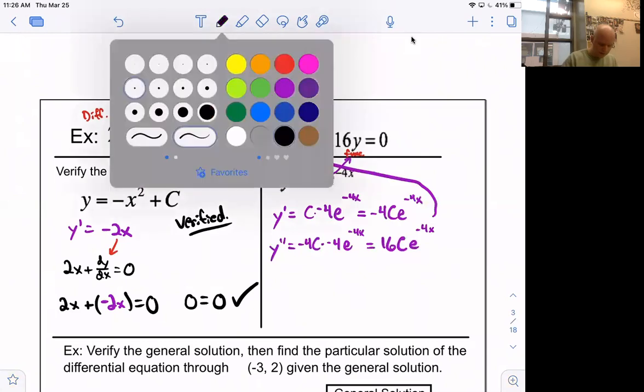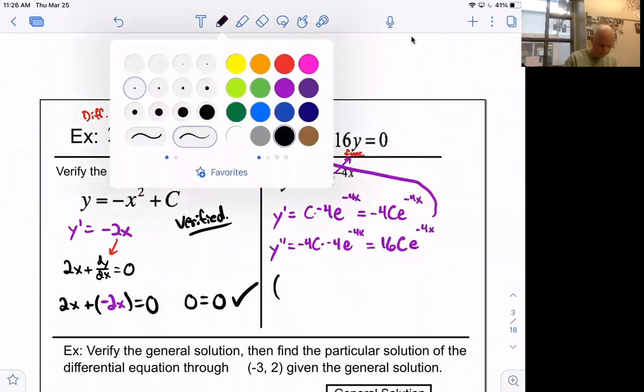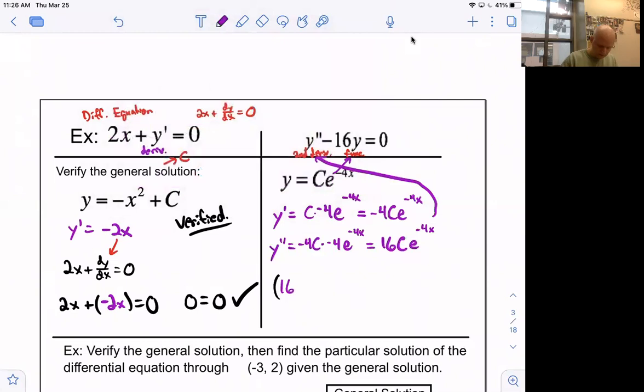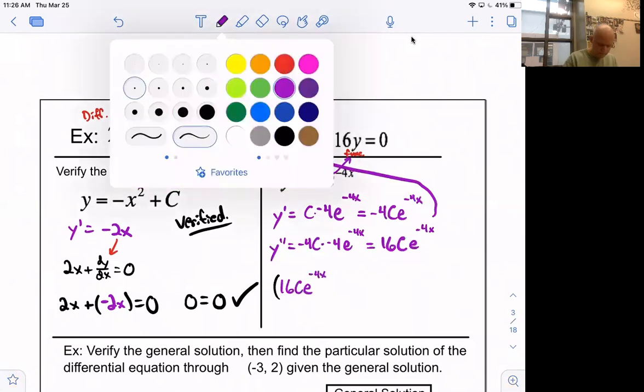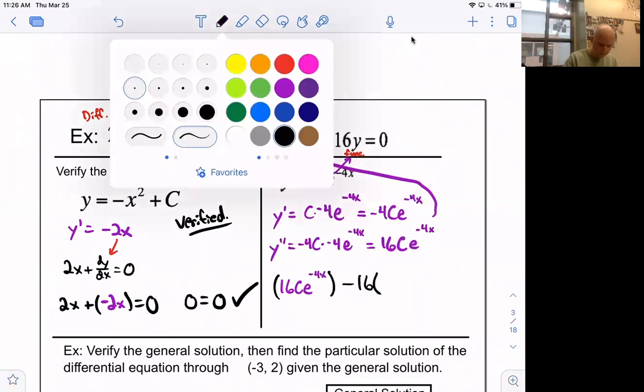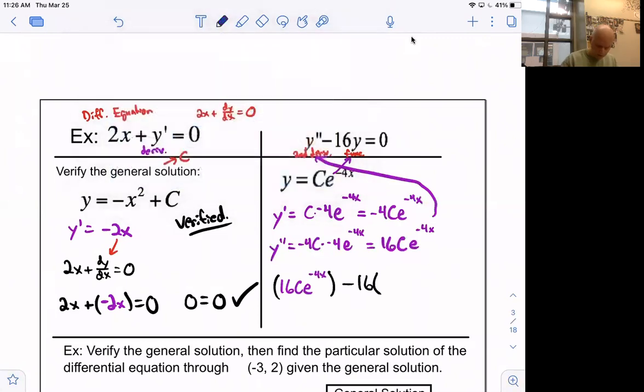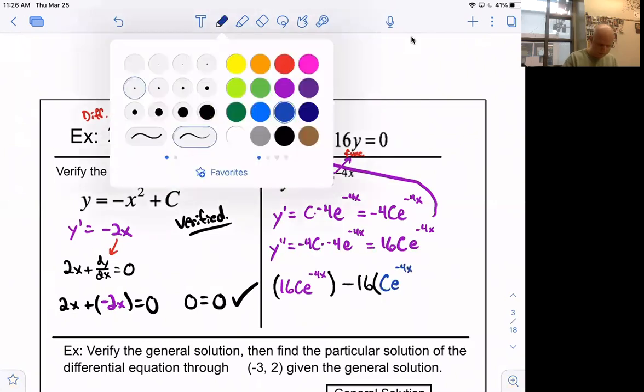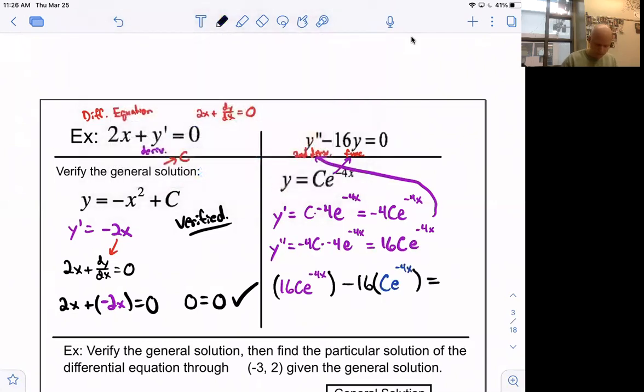Let's plug these into the differential equation and see what we get. When I plug in my second derivative, I get 16c e to the negative 4x in the y double prime spot, minus 16, and then I plug in my y, which was just c e to the negative 4x. And I want to check that this is 0.